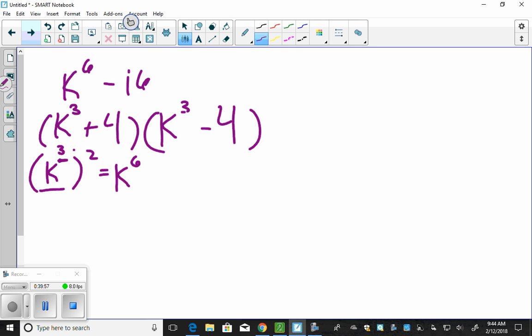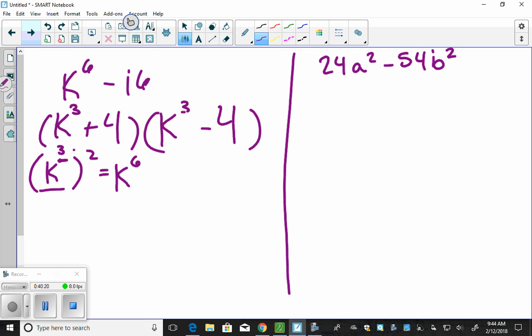Alright. I'm going to skip down to multi-step factoring. This is where we're going to combine difference of squares and greatest common factor. What is the biggest number that will go into 24 and 54?